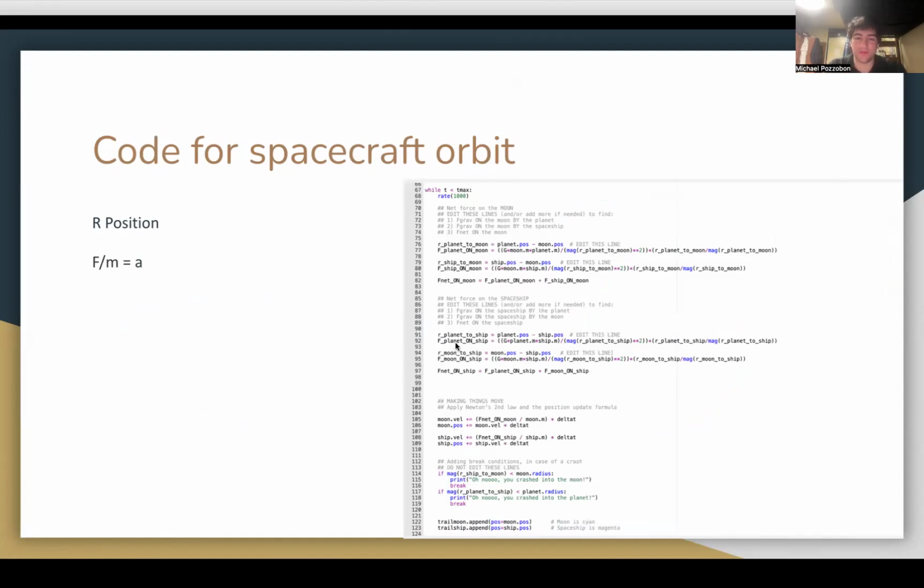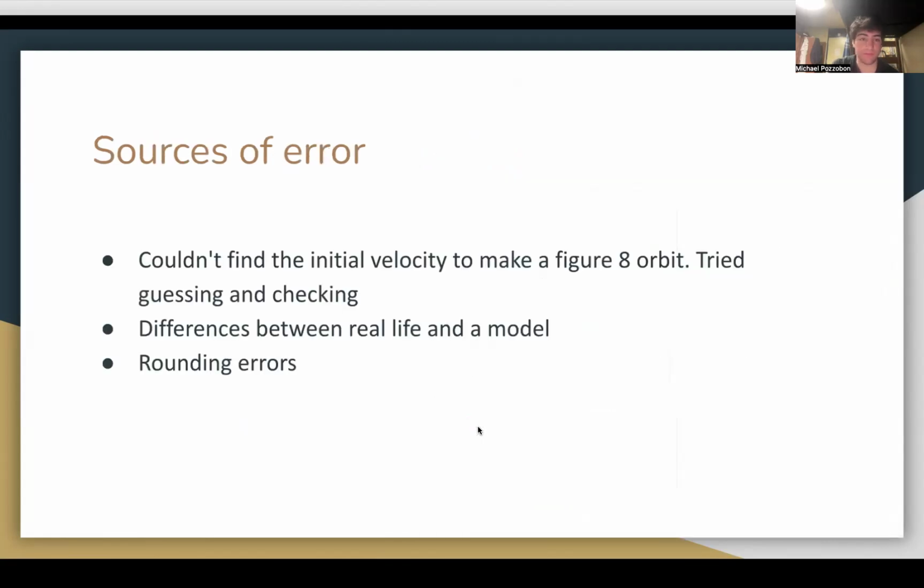The force from the planet on the ship is the gravity equation between them, and you can use the values of R as we've defined up here to get the distances to put into our gravity equation. And the velocity is how we use F over m equals a. The acceleration times time equals our velocity, and you can use those down here.